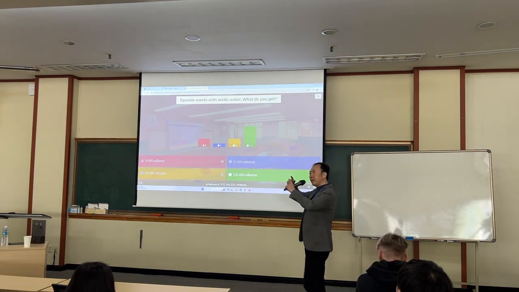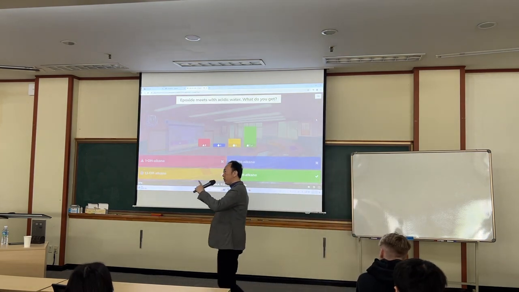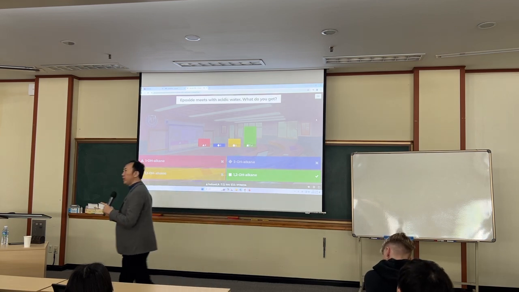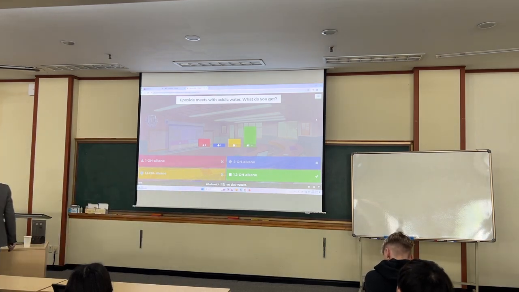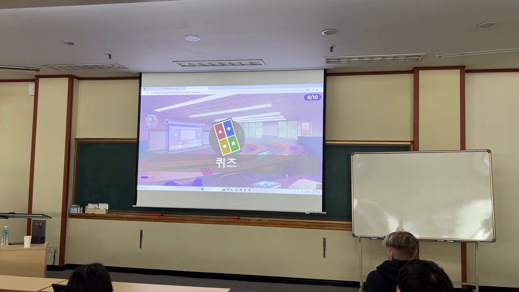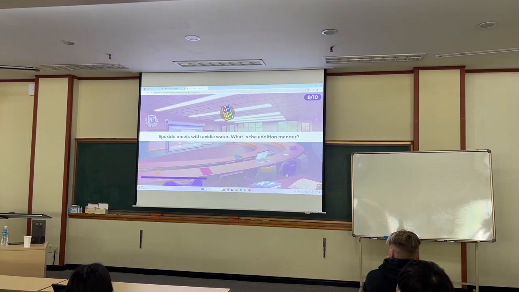Okay, the epoxide is opened by water and removed to generate the 1,2 diol. Now, from now on, what direction?